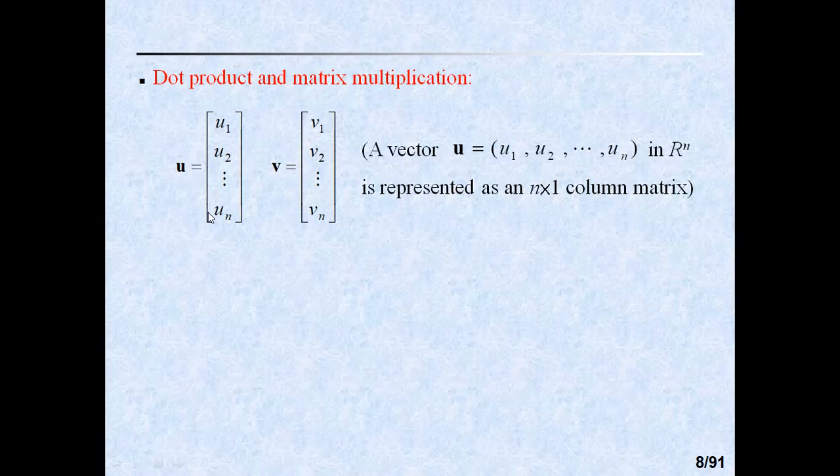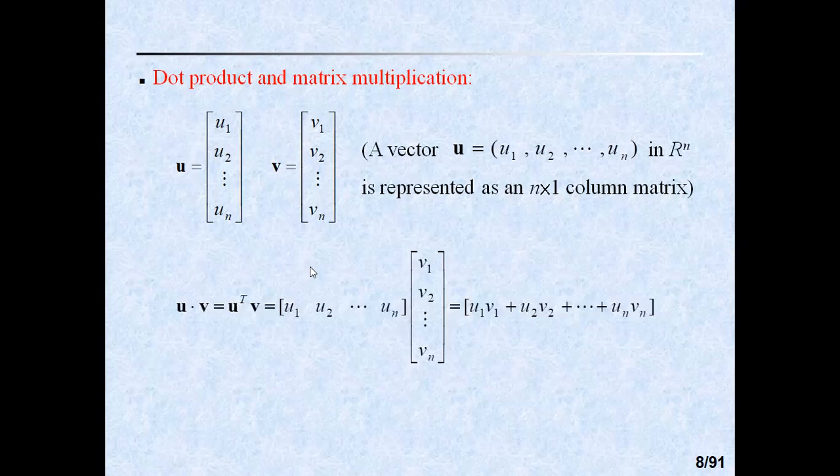This is a column matrix. Any vector can be represented as a column vector. How to define the dot product of the two vectors? Here see, u can be represented as u1, u2, un as a column matrix.